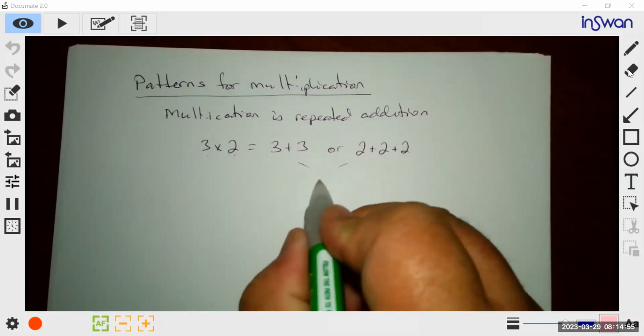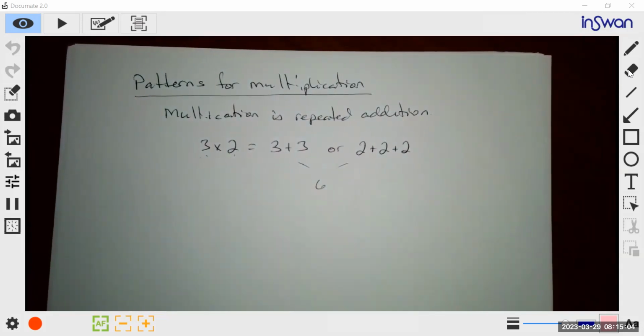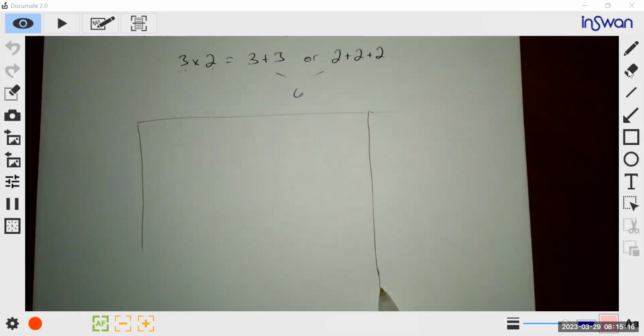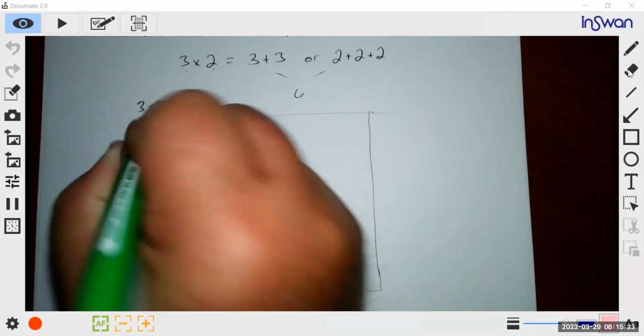They both equal 6. So let's look at patterns here. One way to look at patterns is, let's use a chart. We're looking at 3 times 2.